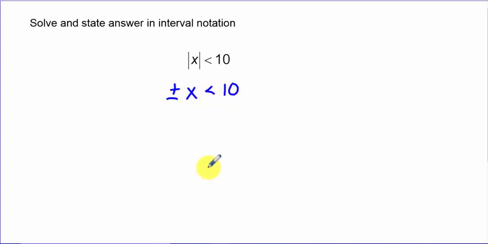Now, if I were to break that apart and say x is less than 10 and negative x is less than 10, we remember from doing inequalities way back in 7th or 8th grade that when we isolate x and we multiply by a negative, or divide for that matter, then we flip the inequality sign.